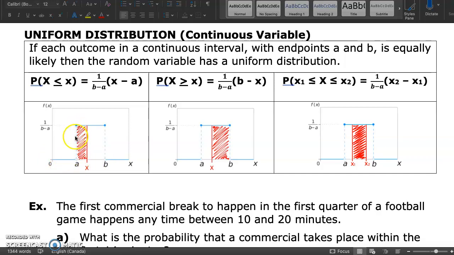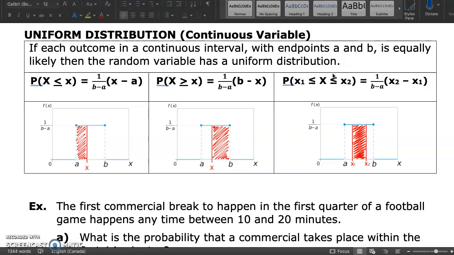Then what would we need to multiply that by to get the length here? Well, B minus A divided by B minus A is equal to 1. And if we treat it like a rectangle, that's how we get this formula. So there are different forms of this equation, and I find memorization is going to work against you.